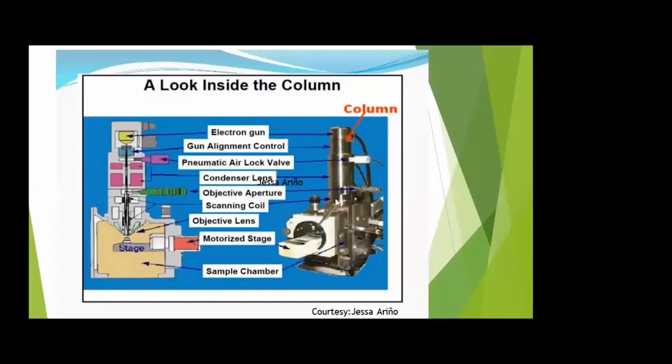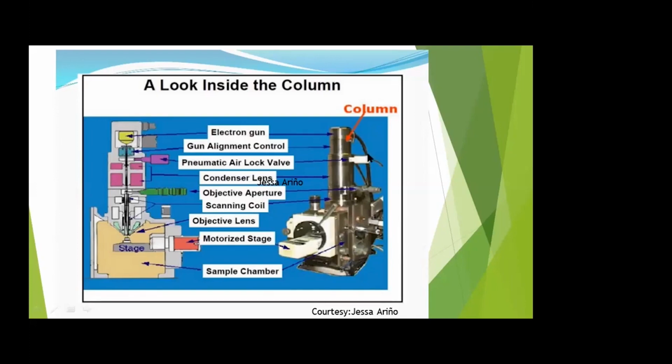So let me give you a better picture here, a schematic diagram and the actual column. At the top you can see an electron gun which generates electron beams thermionically. Here we have the gun alignment control, which controls the alignment of the electron gun so that the beam that is thrown out passes in a specific direction.